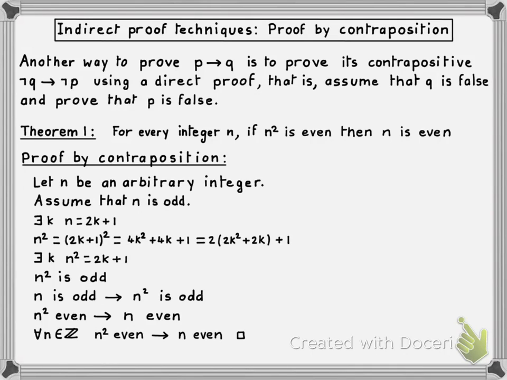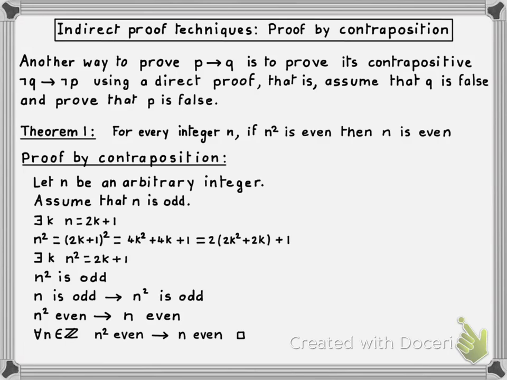So to conclude this segment, remember that a proof by contraposition only applies to a theorem that is stated as a conditional P implies Q. This approach tells you that instead of proving P implies Q, you can try and prove its contrapositive, not Q implies not P. And in particular, you can try to use a direct proof to prove that not Q implies not P. And that is exactly what we did on this example, and that's the general approach for a proof by contraposition.